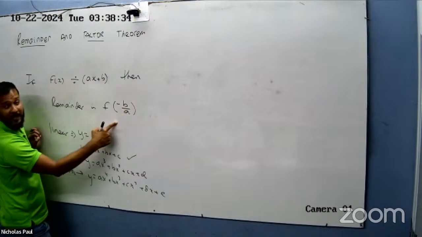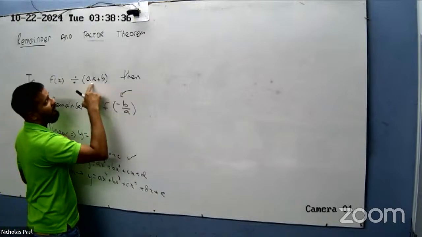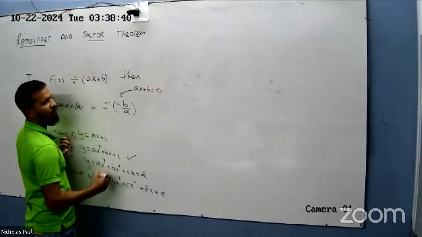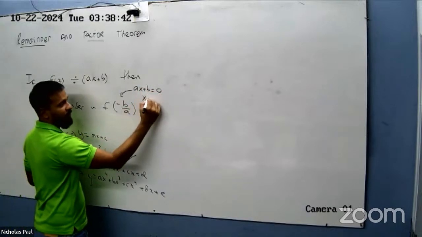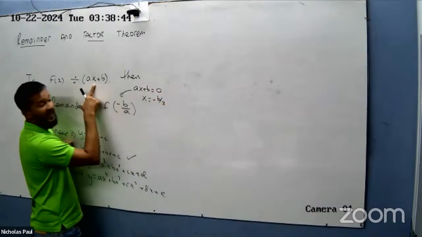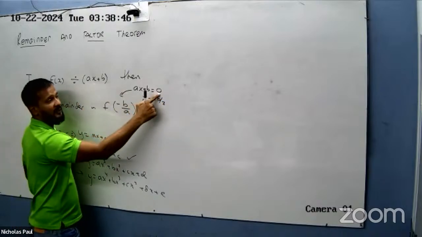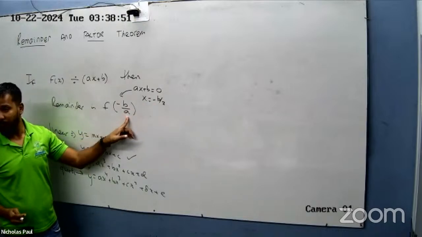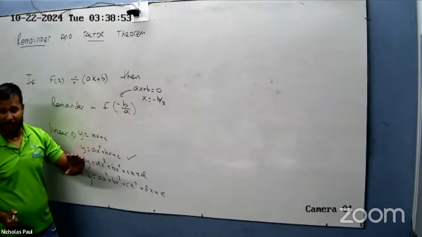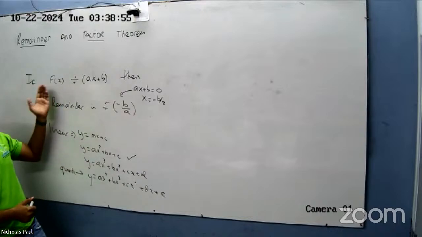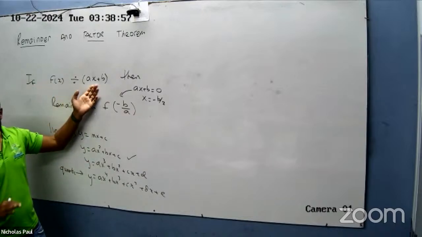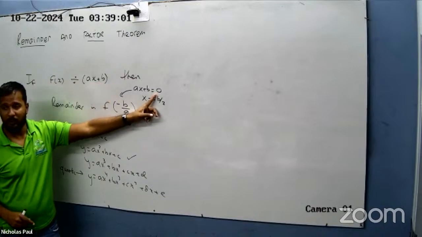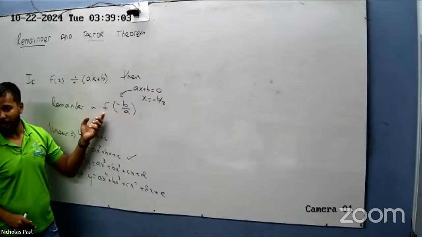How did I get minus b on a? All I have to do is take ax plus b, make it equal to 0, and solve for x. That value is what goes in here. So real simple. If I ask for the remainder of this divided by this, just take this, make it equal to 0, and take that x value and put it into the function.